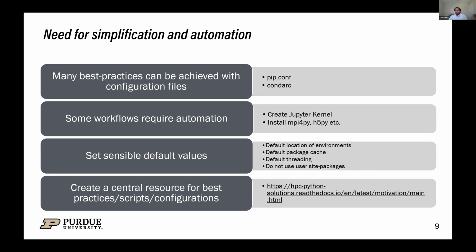Same thing for threading configuration like OMP num threads. If you are doing MPI with Python and you are using NumPy or SciPy, they have implicit threading, so you might end up oversubscribing your cores. So you can set all of those defaults a priori so that users don't have to worry about those kinds of things when they are installing or configuring their Python runtime environments.